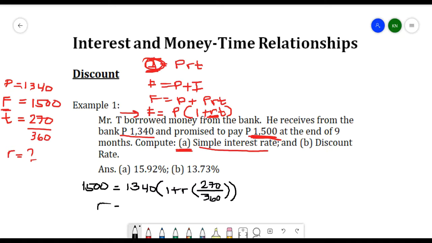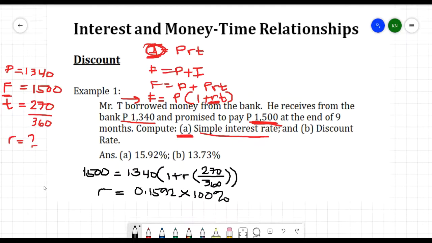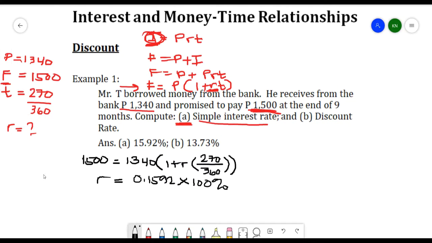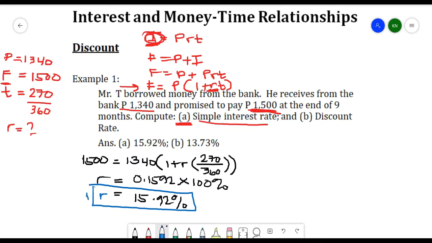R is equivalent to 0.1592, and if you multiply that by 100%, that is equivalent to 15.92%. So this is now our R, or the interest rate that we are looking for, sometimes also called the I.